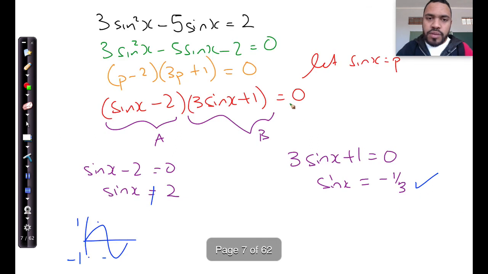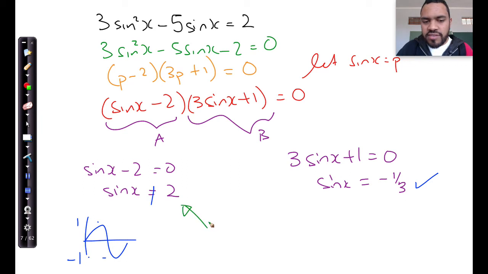Okay, so here's an example where we saw a trinomial and we needed to solve for the general solution. Sometimes both of these may be valid. In this case, sine x cannot equal 2, and therefore this solution here is not valid, as it cannot be. Okay, good.